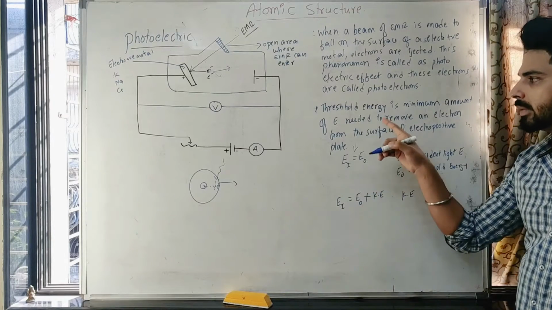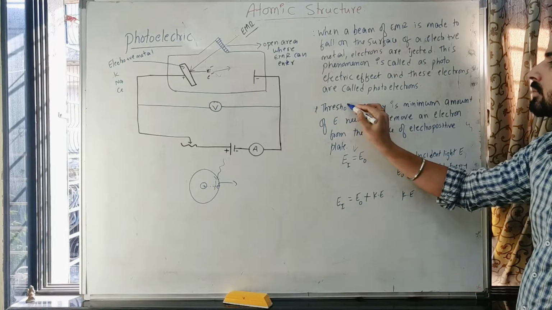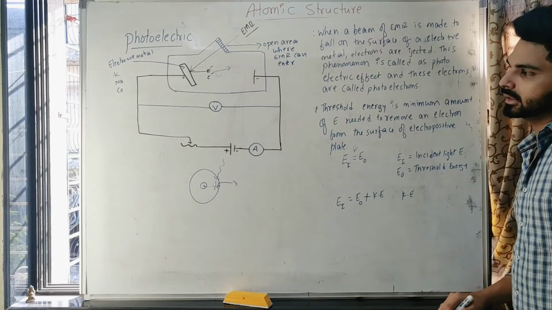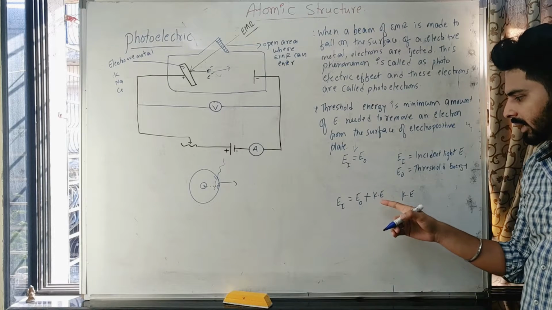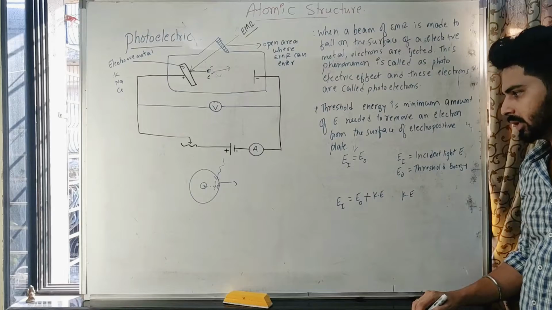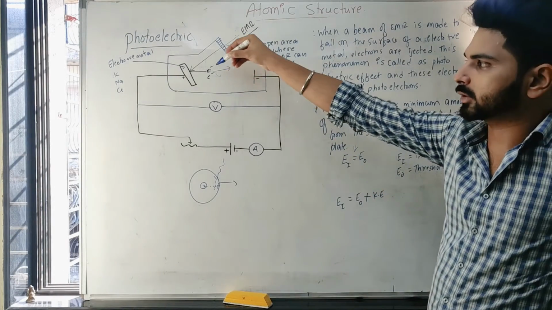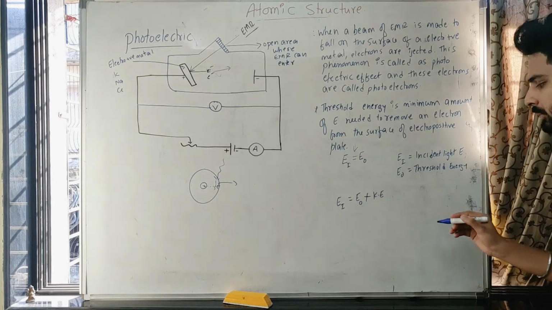Threshold energy is the minimum energy needed to eject an electron from the surface of the metal piece. So the excess energy will be converted into kinetic energy.